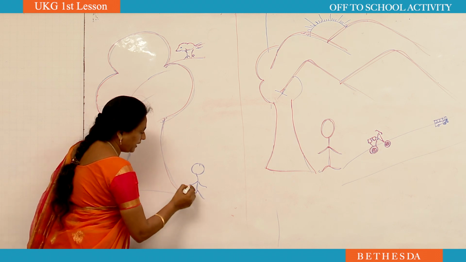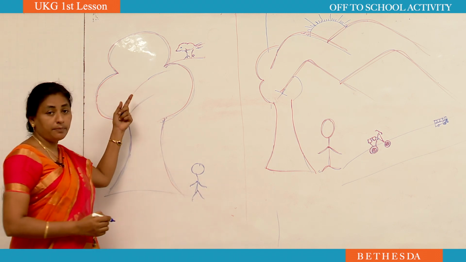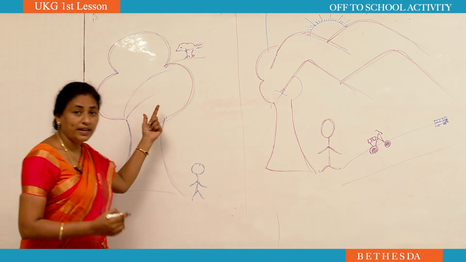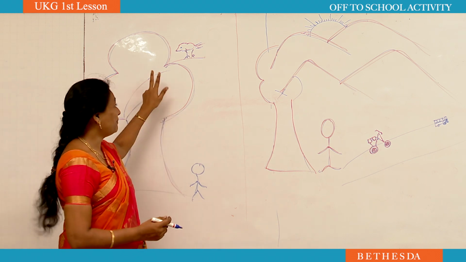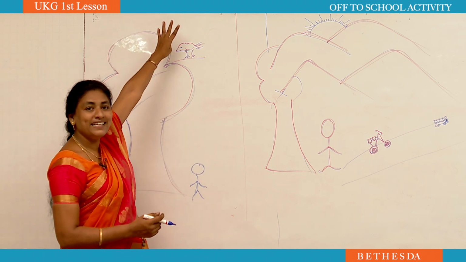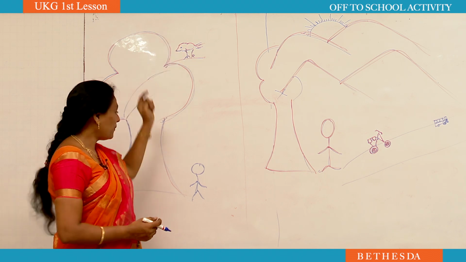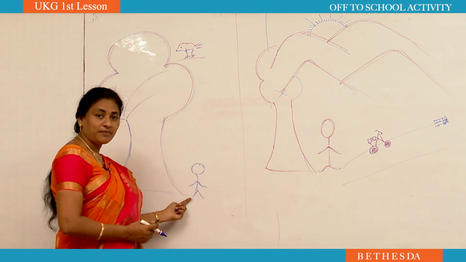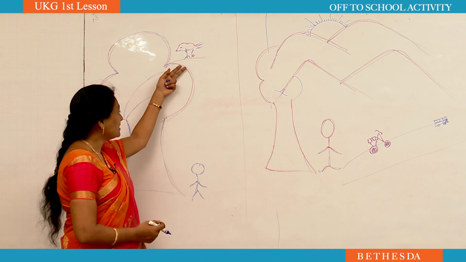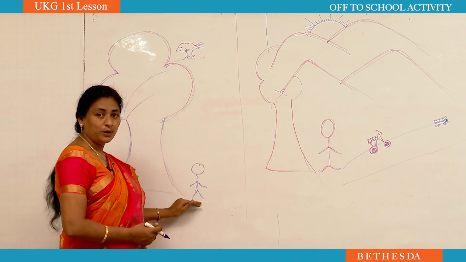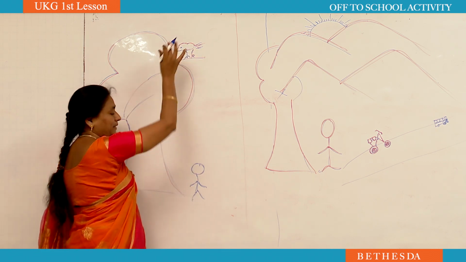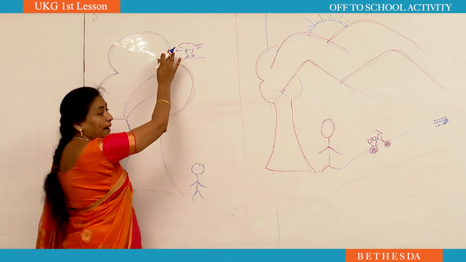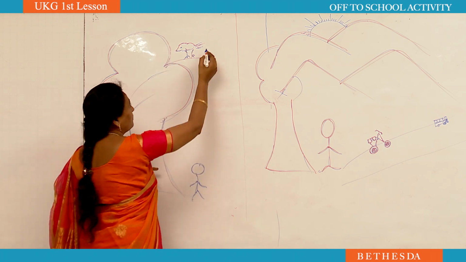Can you say me, Nana? Where is the bird? The bird is up the tree. Where is the boy? The boy is down the tree. Okay? Up, opposite, down.